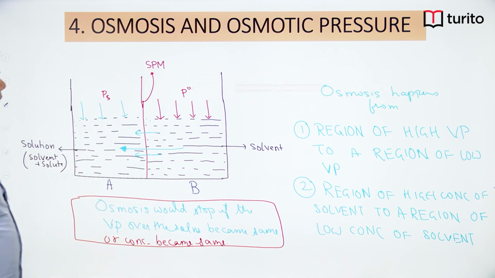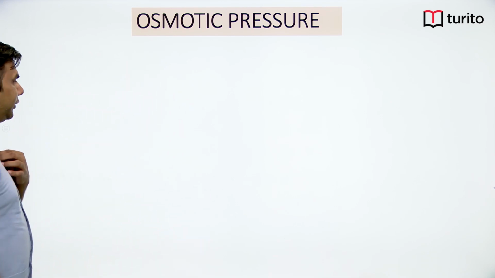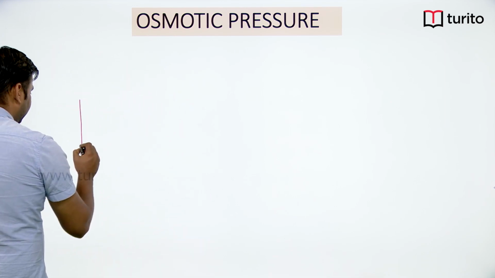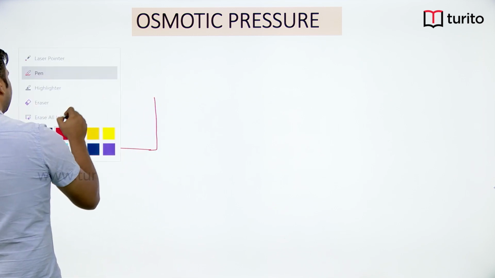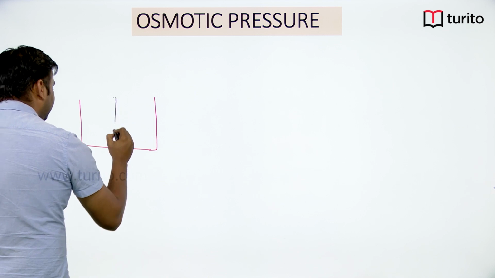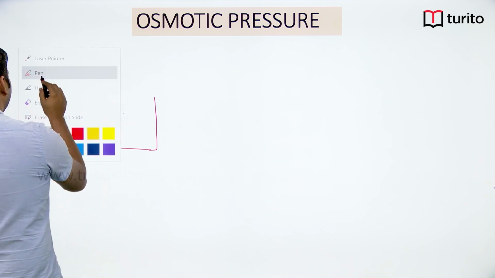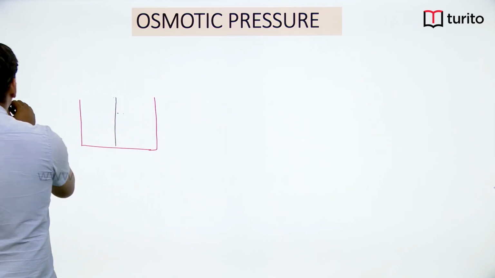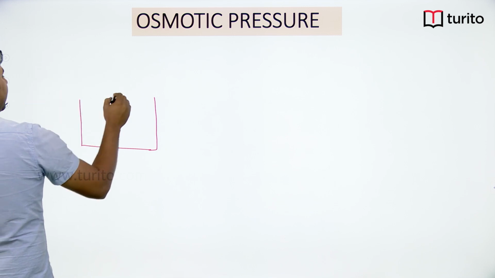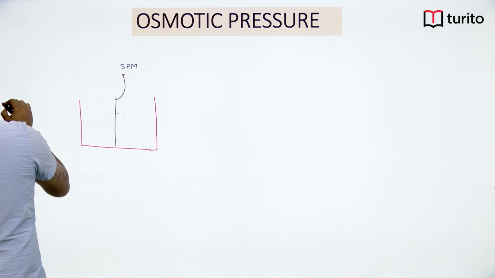So now let us look at what exactly osmotic pressure is. So again, let us draw that diagram again. So we are saying that we are having a semi-permeable membrane, SPM, which is separating the two compartments.